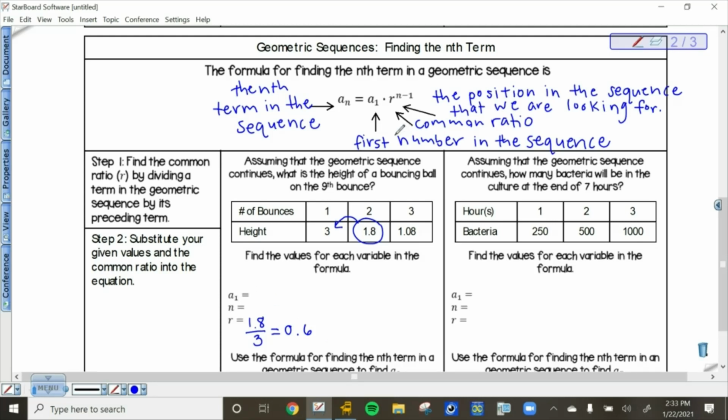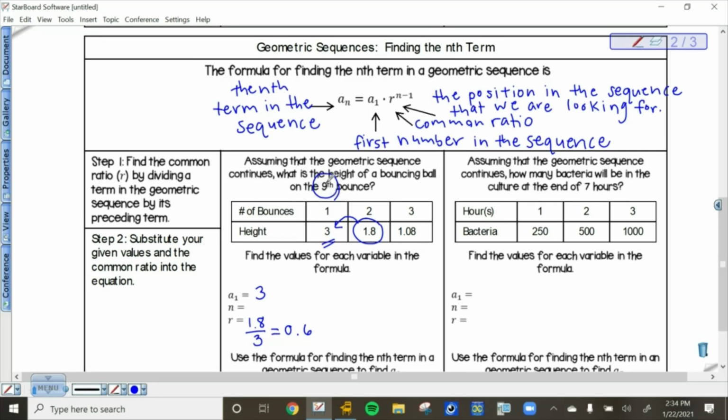Now A1 is our first number in the sequence. Our first number in this sequence is 3. That's our A1. And then N is the number of the term that we're looking for. We're looking for what the height is after the 9th bounce.